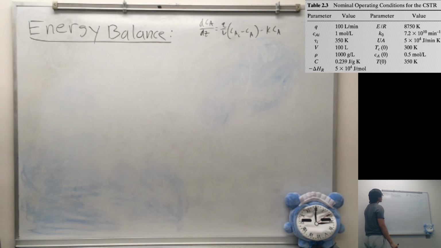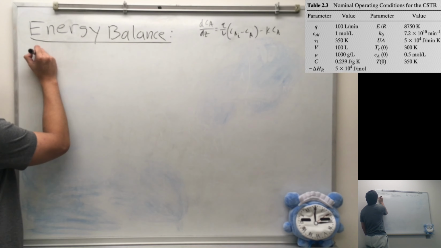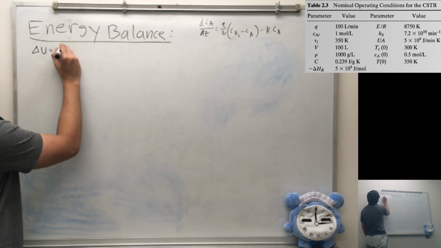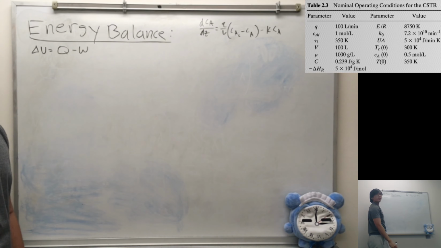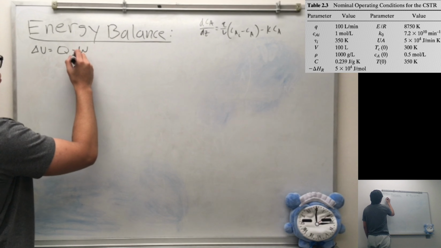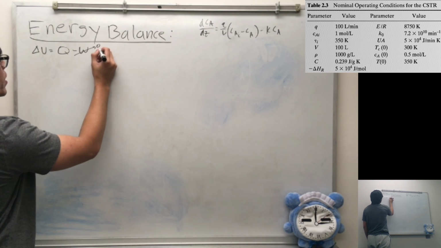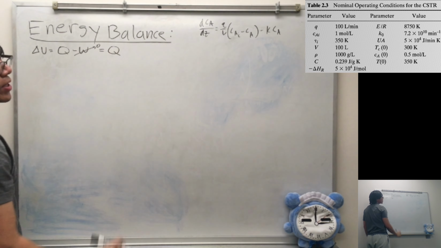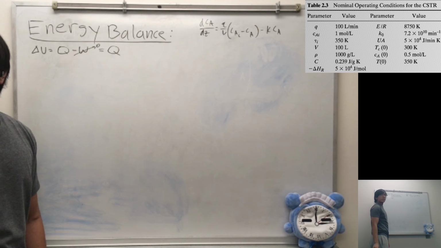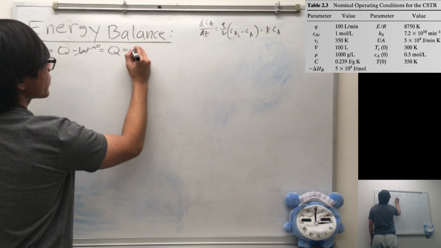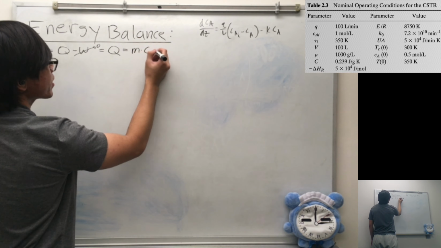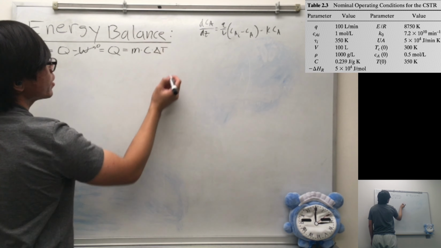Okay, so energy balance. Well, remember our change in internal energy is equal to Q, our heat, minus our work done by the system. And remember that for our reactor, we have no work done, so it's simply just whatever Q is. So Q is our heat of the system, and remember we break that down into the mass times the specific heat times a change in temperature.